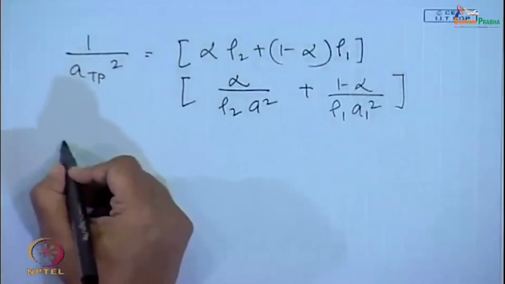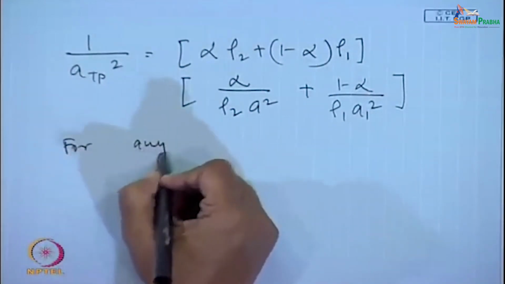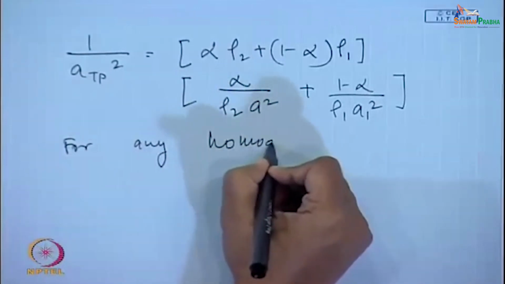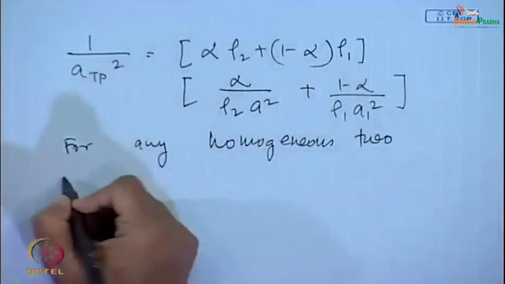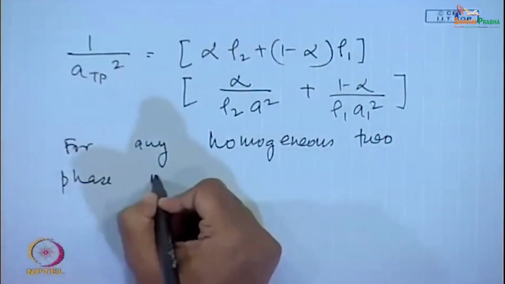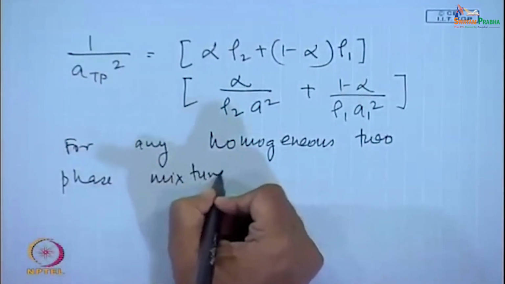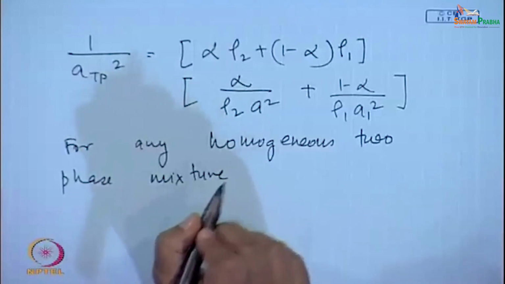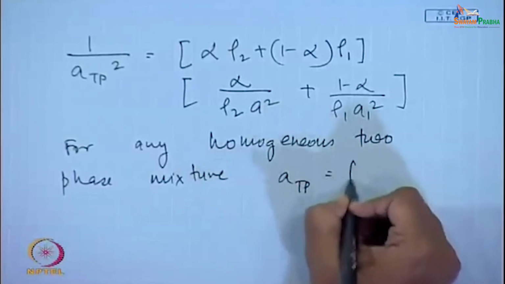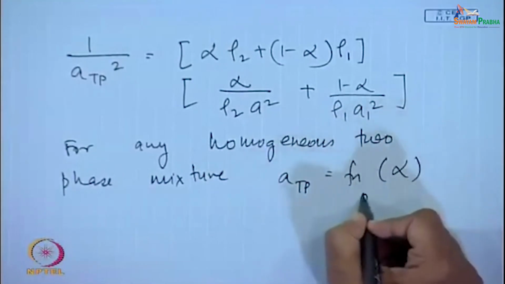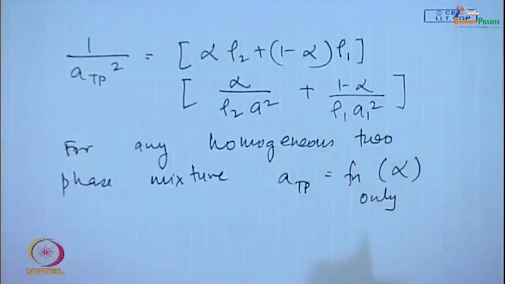So for any homogeneous two phase mixture, this is just for homogeneous flow conditions only, for nothing else, A TP is a function of alpha only, isn't it?